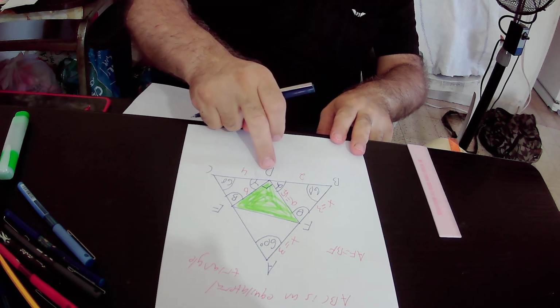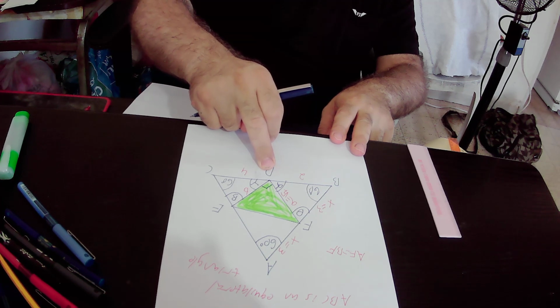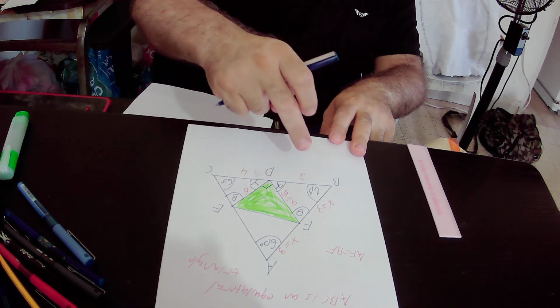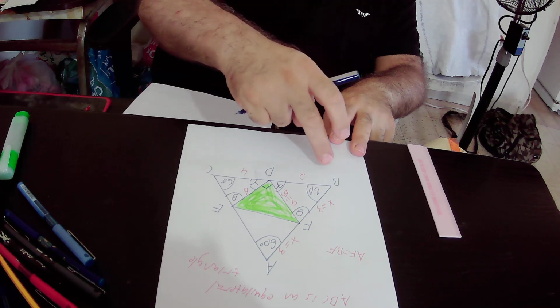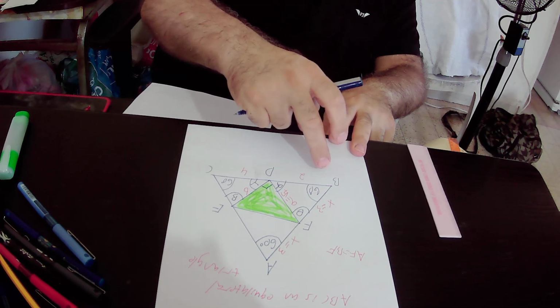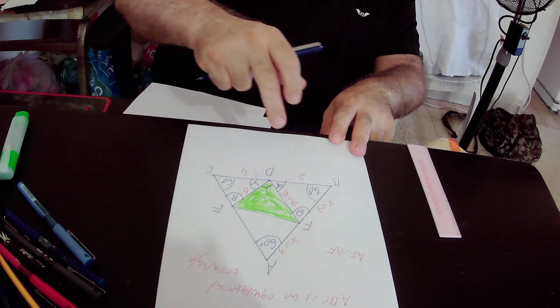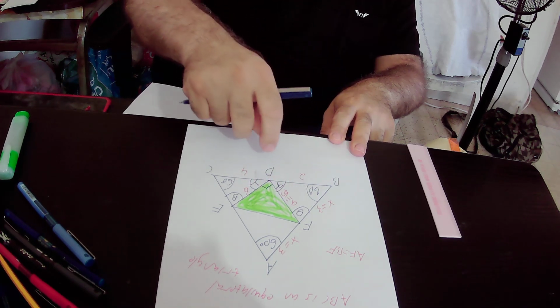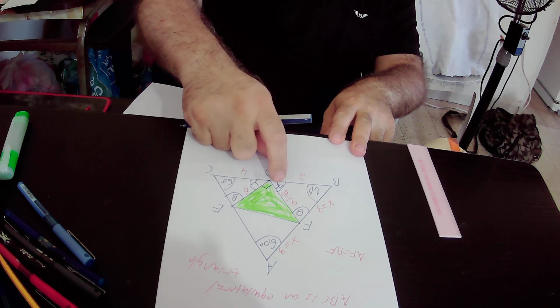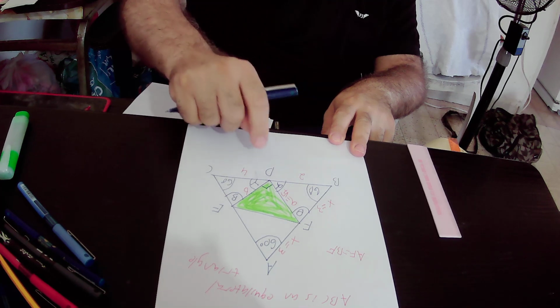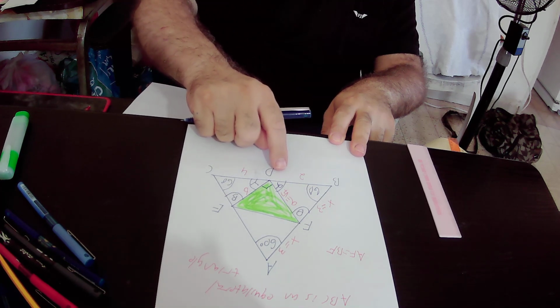So if we focus on point D, the sum of the angles on the upper side of the straight line BC of this equilateral triangle equals 180 degrees.